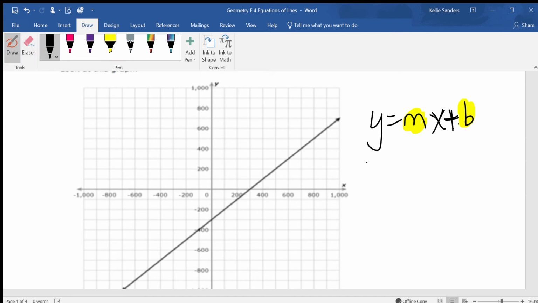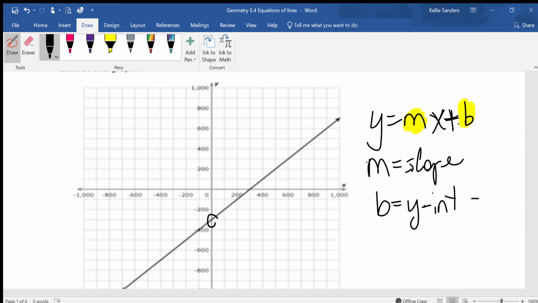We must have an m, which is the slope, and we must have the b, which is the y-intercept. If you're looking at a graph and you're looking for a b, that's the easy one, okay? That's right there. That's at negative 300.